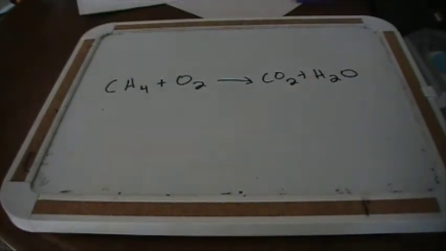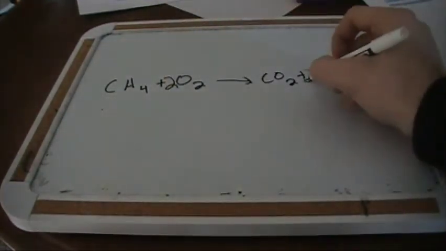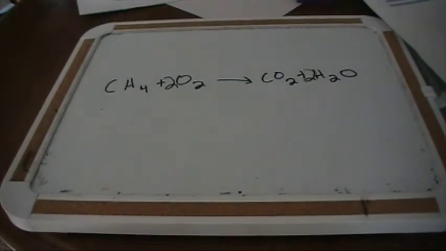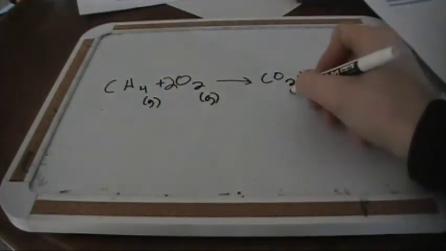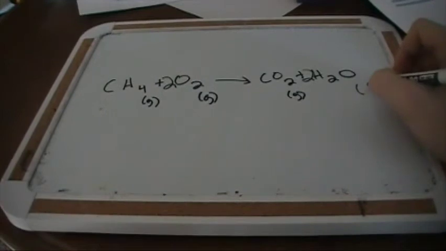And to balance this, you have to have the same on each side. In this case, you need a 2 right here, a 2 right here, and then that's balanced. And every compound in a combustion reaction is a gas. So CH4 is a gas, O2 is a gas, CO2 is a gas, and H2O is a gas.